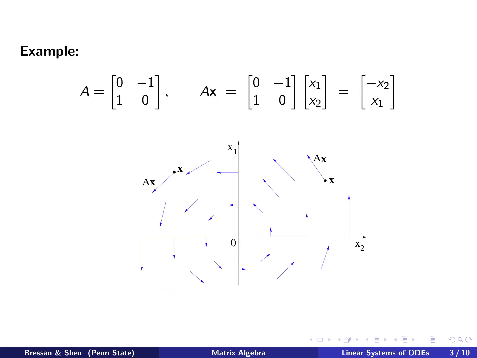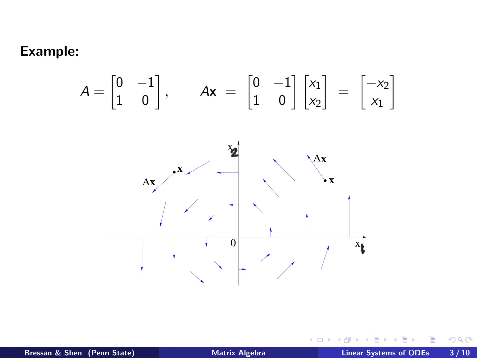Another example, the A matrix takes this form: 0 on the diagonal, 1 down here, negative 1 up there. Then A times x, you can carry out the product, and you will get negative x2 and x1. And again, we can visualize this in a two-dimensional plane.